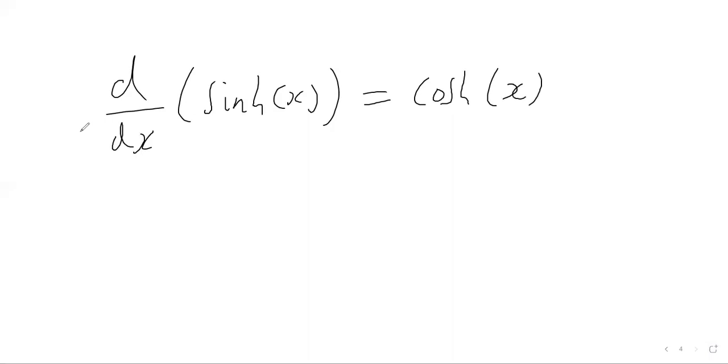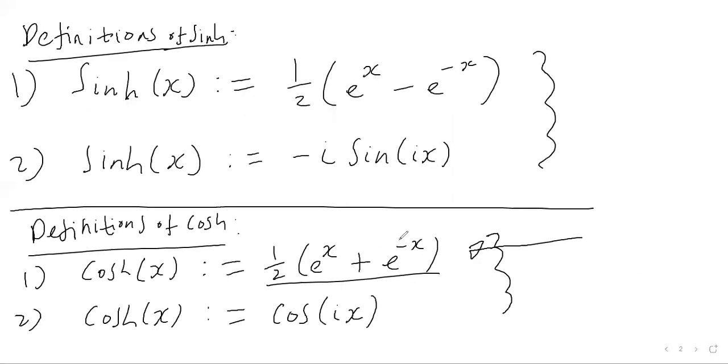So we've proved that using the first definition. Let me put ticks by the first definitions. We've used that one to prove that when we differentiate hyperbolic sine, we get hyperbolic cos. I'm now going to use definition number 2 to do the same thing.